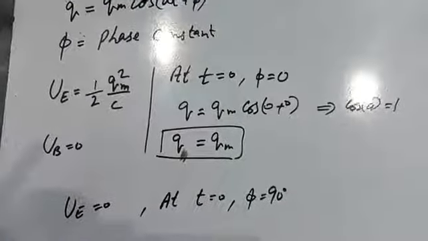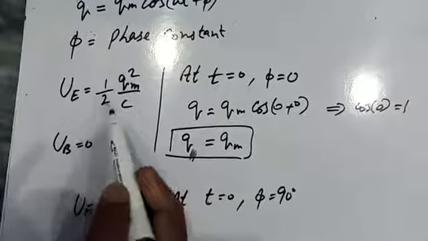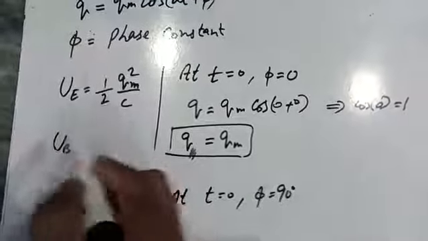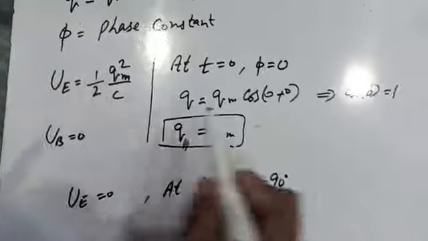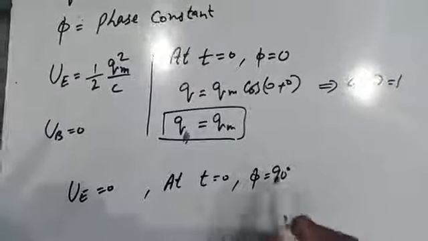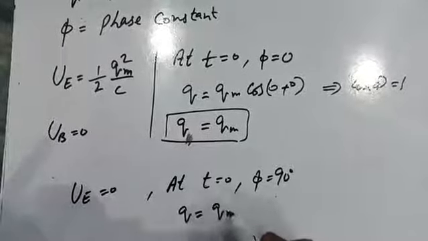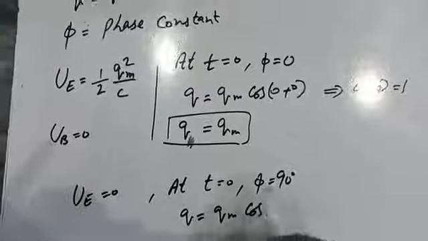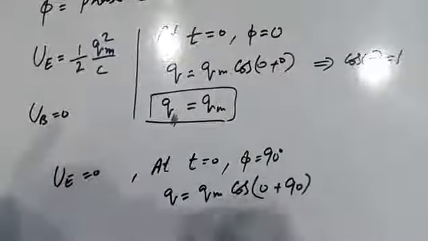By considering the initial condition, what is the initial electric energy, we decide the value of phase constant phi. So in this case, we get charge q equal to qm cos, as t is equal to 0, this term omega t becomes 0 and phase phi is equal to 90.